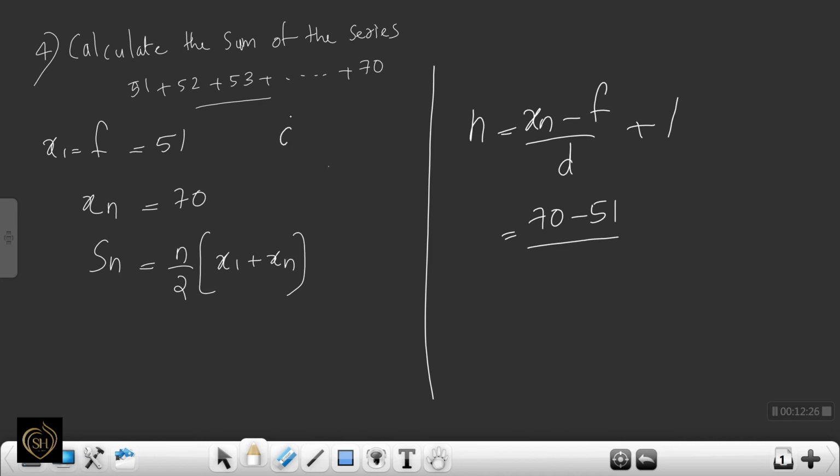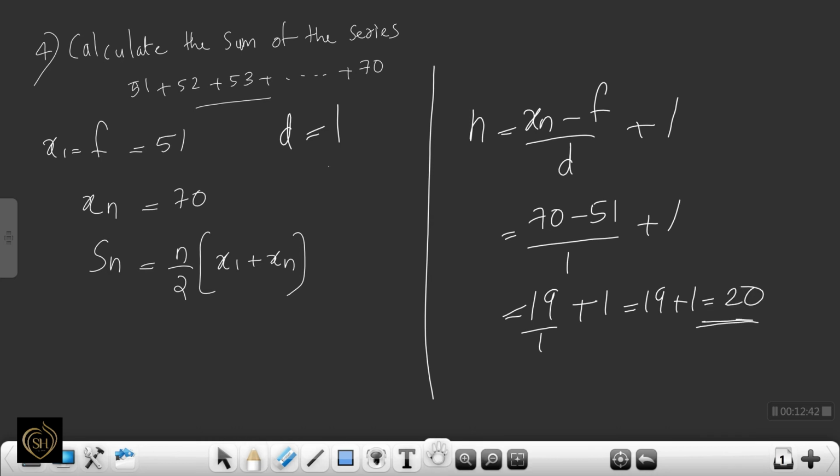Here d is equal to 1, plus 1. That is 19 by 1 plus 1. That is 19 plus 1 is equal to 20. That is, there are 20 terms in this sequence.